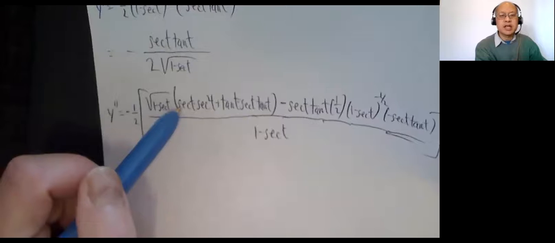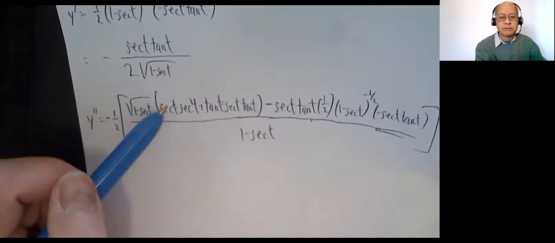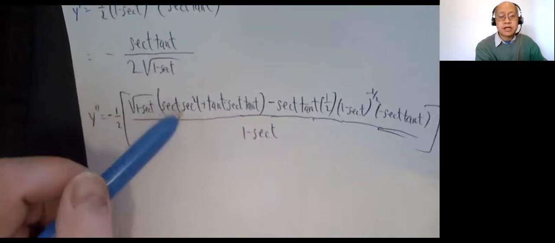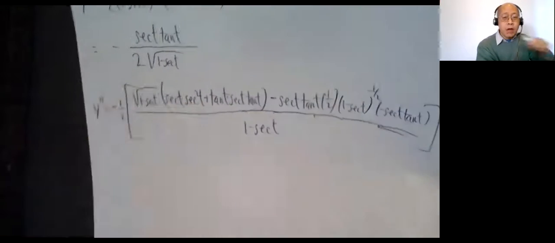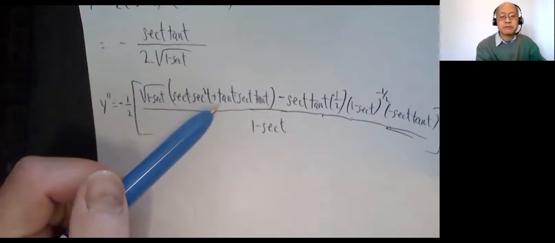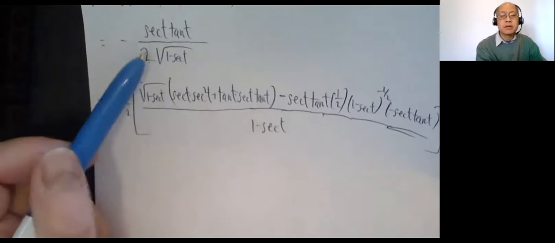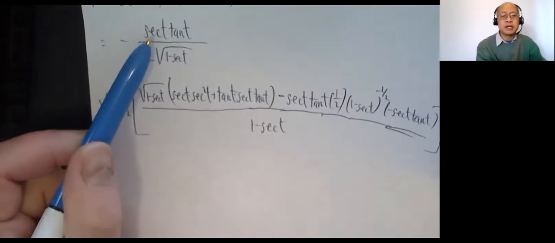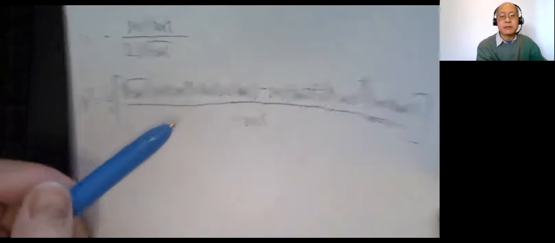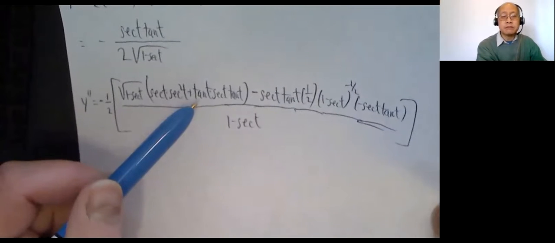So first function, secant t, times the derivative of the second, secant squared, plus second function, tangent t, times the derivative of the first, the derivative of secant t, which is secant t tangent t. Very messy.